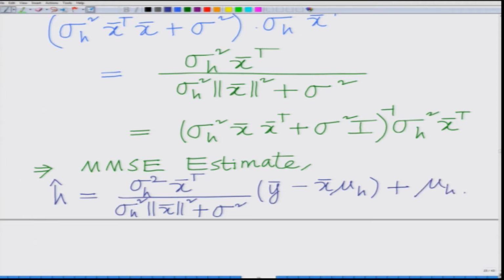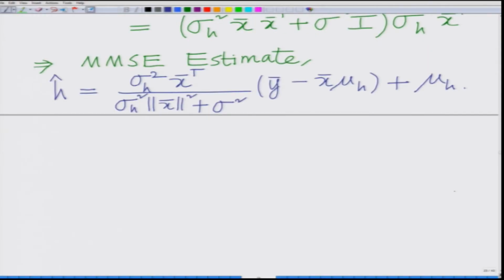Therefore, the MMSE estimate is h hat equals sigma h square x bar transpose divided by sigma h square into norm x bar square plus sigma square, times y bar minus x bar into mu h, plus mu h. This is the simplified form. Now, we are going to simplify it further.